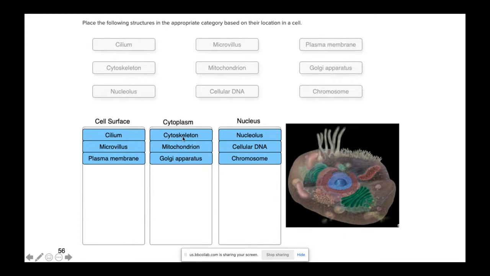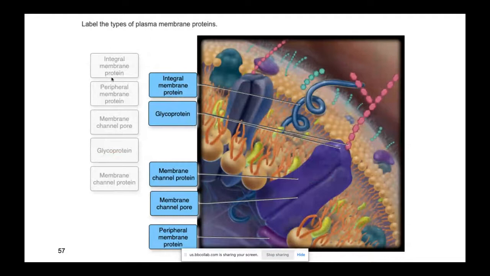If we're talking about the cytoskeleton, those protein filaments, the intermediate filaments, the microtubules, that cytoskeleton is part of the cytoplasm. Mitochondria and Golgi apparatus are just organelles here in the cytoplasm. And then along the cell surface, like here, these are microvilli. Here, these are cilia. So cilium, microvilli, and the plasma membrane are all part of the surface of the cell. So pretty straightforward, right? Nothing to really memorize here, just being familiar with the information.